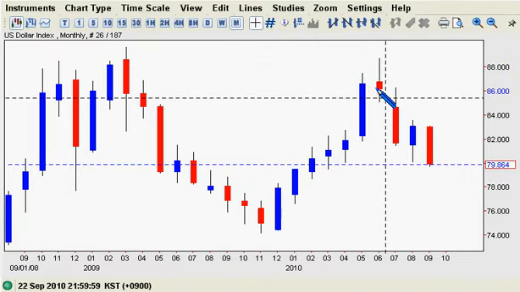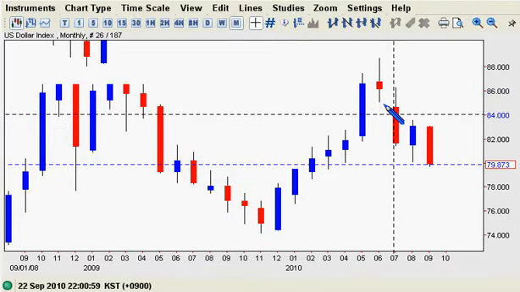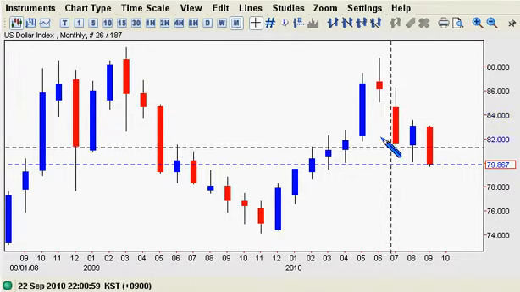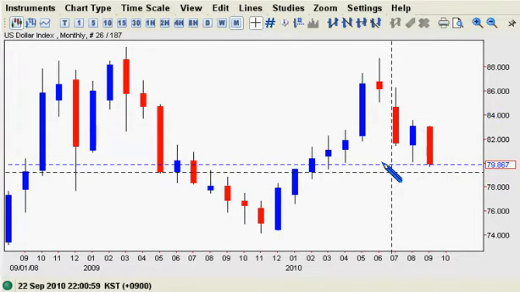So right here is showing a reversal bar with 3 configurations where on a monthly basis it has shown an indication that a reversal was already in the making.